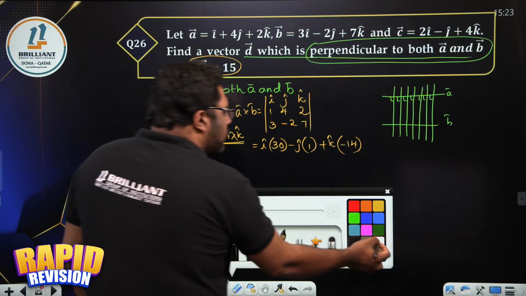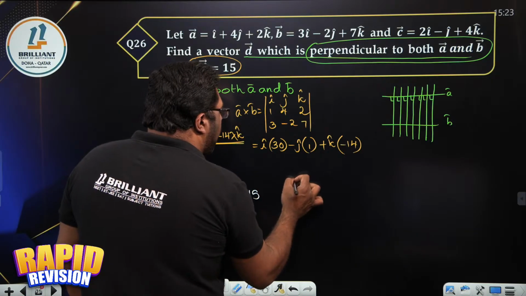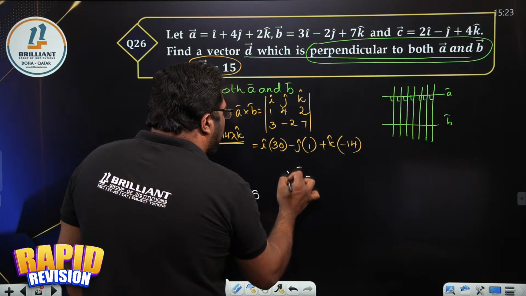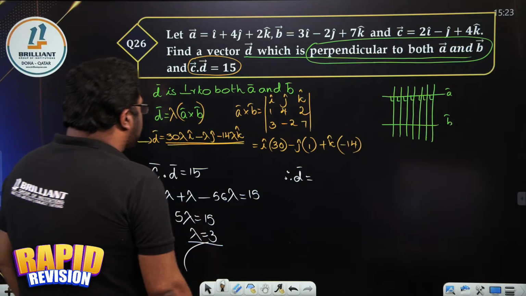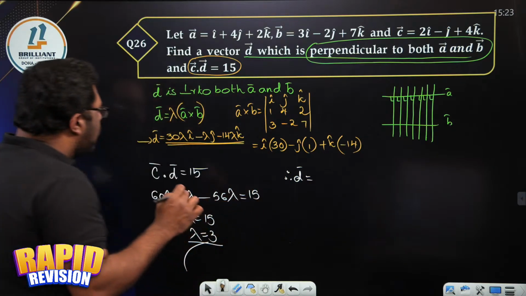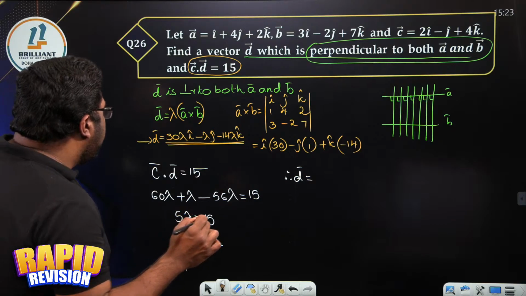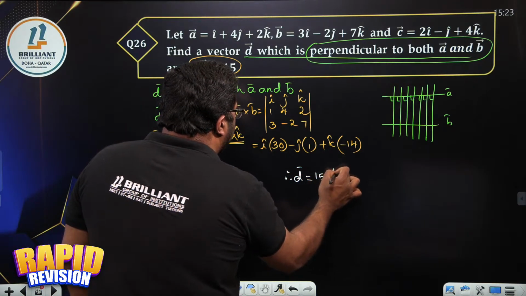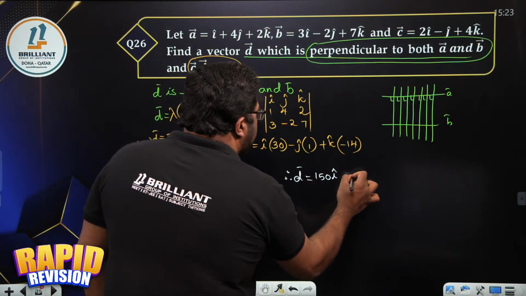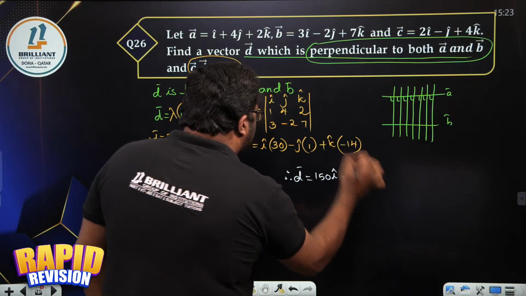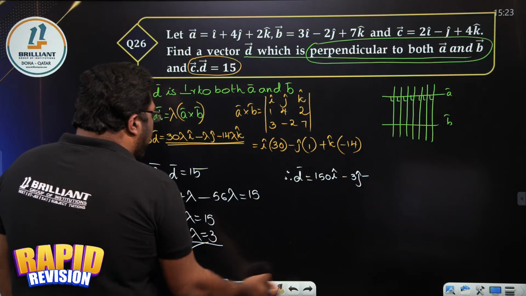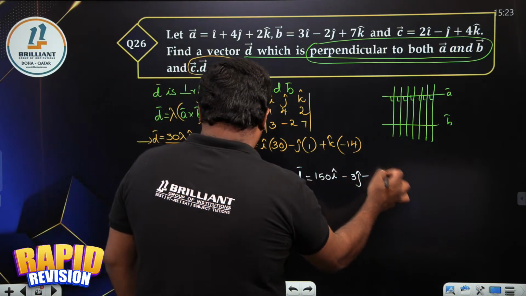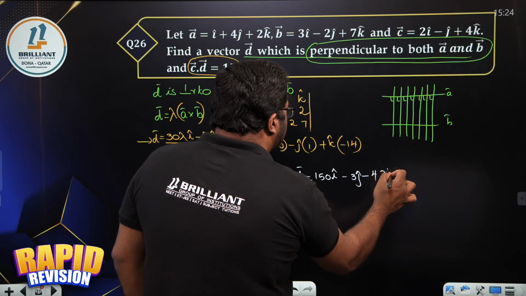Substitute that, all of you, in D. Therefore, D vector is equal to 150I minus 3J minus 42K.